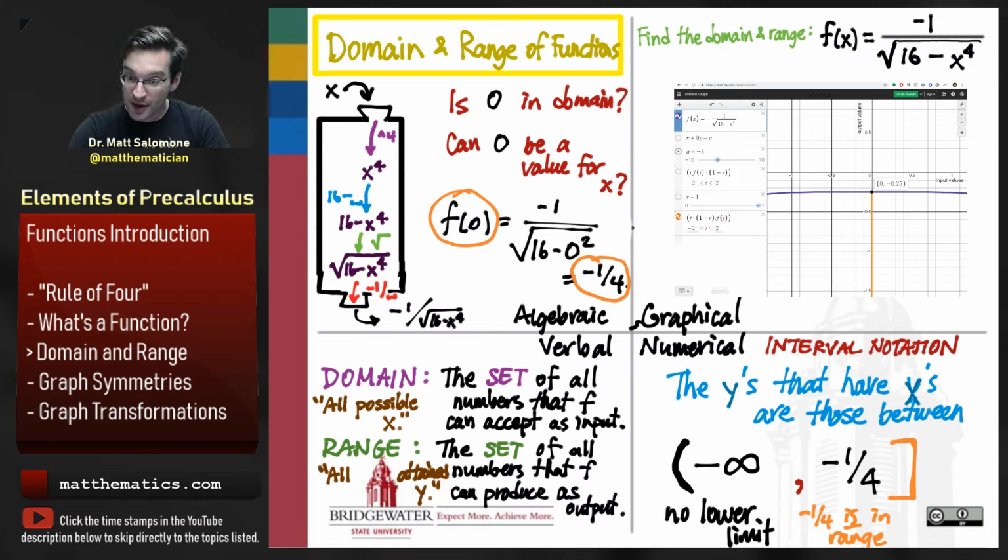But actually finding a range of a function using algebra is challenging. Finding a domain, on the other hand, so I want to return to this question one more time before we move on. How do we find the domain of a function using algebra?